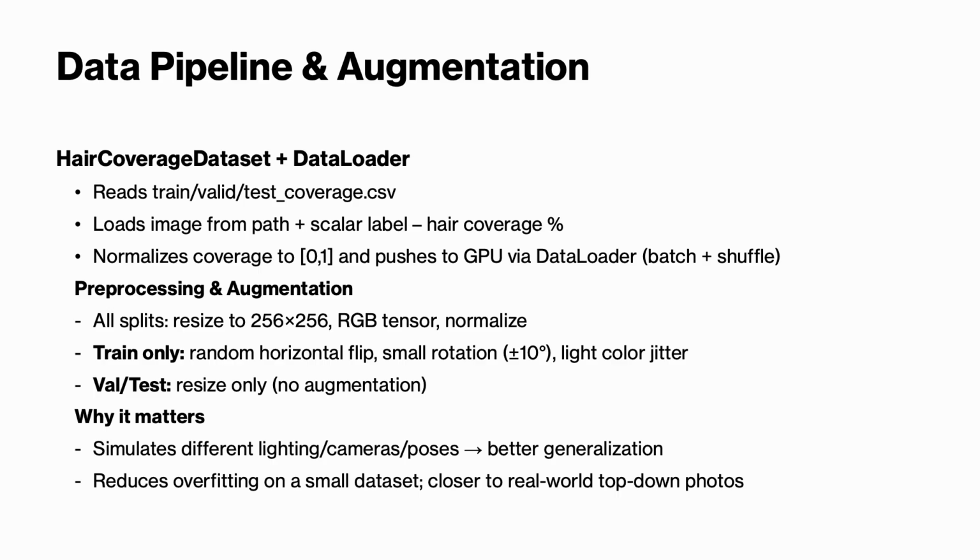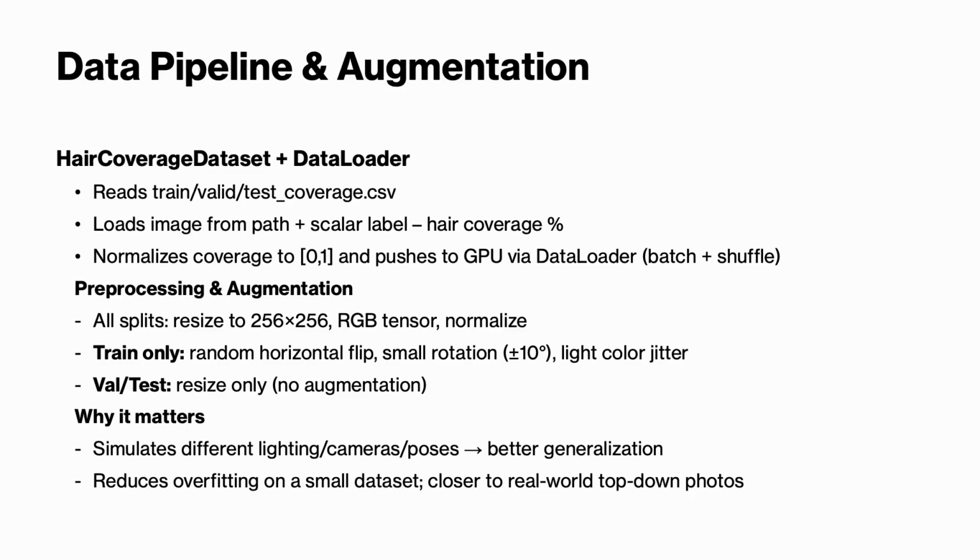On the engineering side, we built a PyTorch hair coverage dataset that reads a CSV of image paths and coverage labels. It normalizes coverage to the 0 to 1 range for numerical stability, loads images as 256 by 256 RGB tensors, and pushes batches of 16 to the GPU.